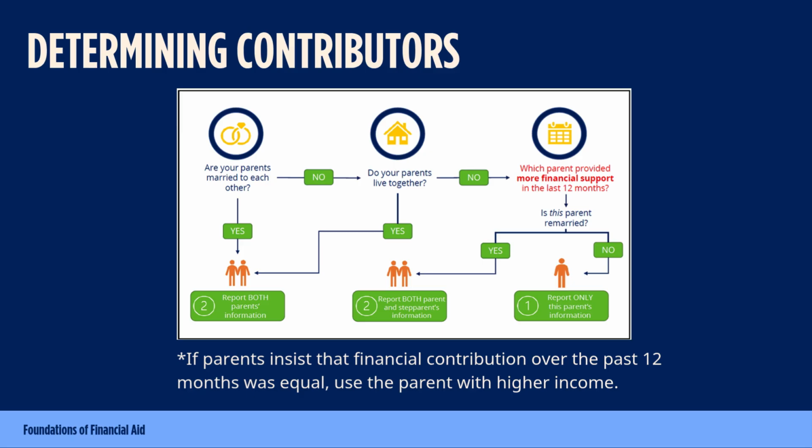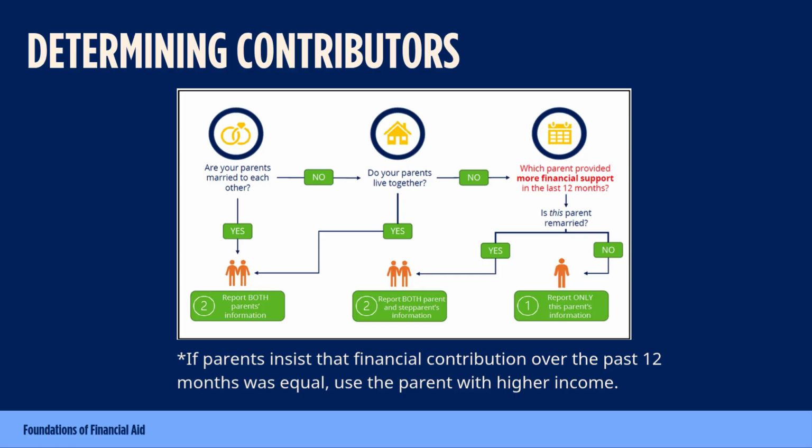If the parents do not live together, or if one of the parents is not in the picture, then you're going to ask which parent provided more financial support in the last 12 months. Once you've identified that parent, then you'll ask, is this parent remarried? And basically, as you answer each of those yes or no questions, this infographic will help you determine which parent or parents will be included on the form.